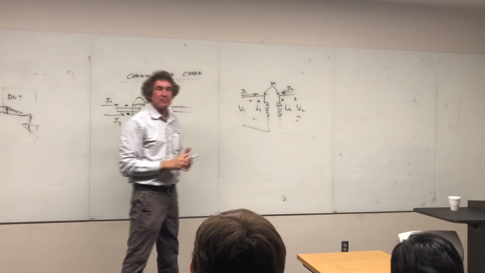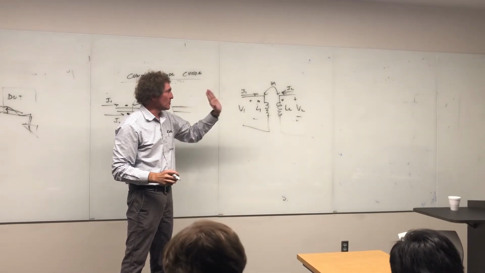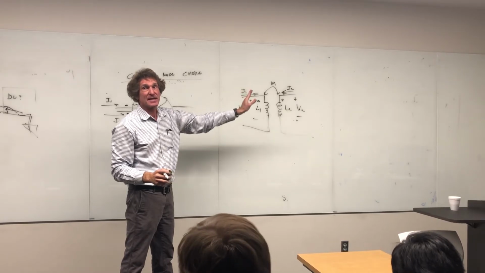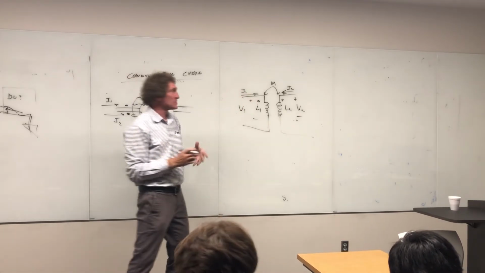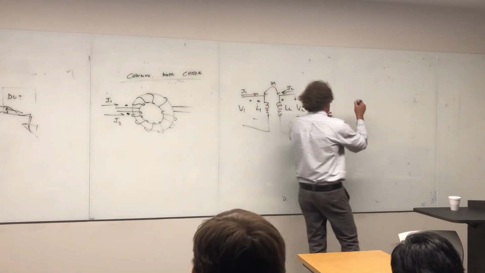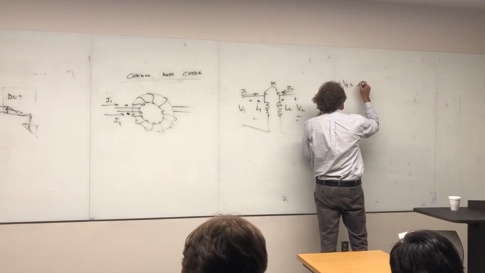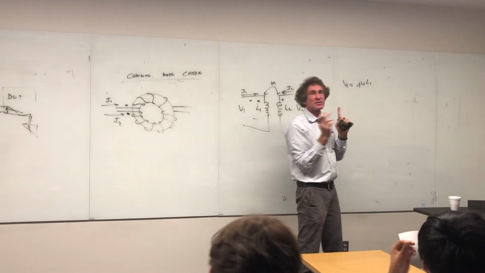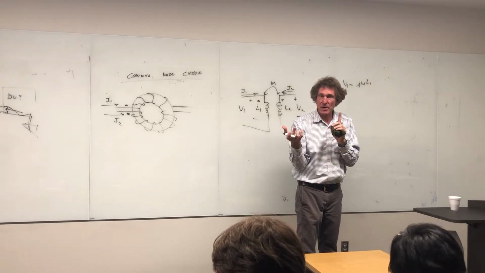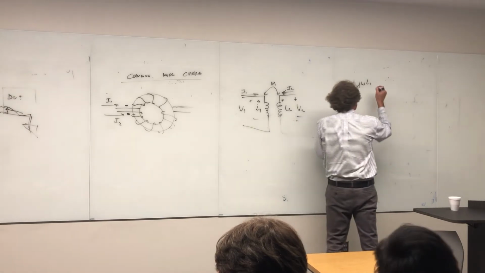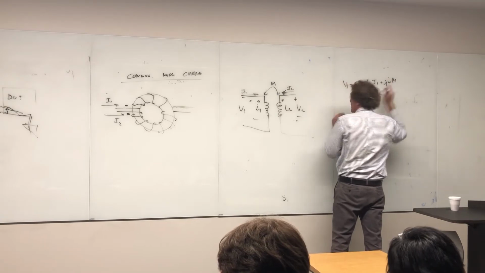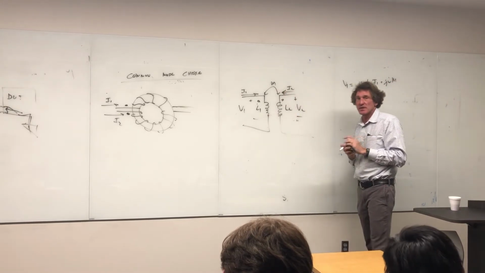The relationship between the voltage on the primary and voltage on the secondary with respect to the currents is given by the standard coupled circuit and mutually coupled circuit equations. It means that V1 is equal to j omega L1 times I1. That's the self-inductance, so this is like the impedance of the primary coil, times I1. And then there's a mutual inductance, j omega M. M is mutual, that's the symbol I use.